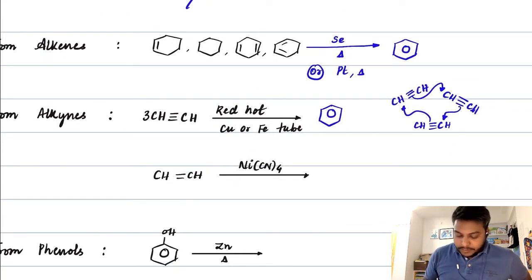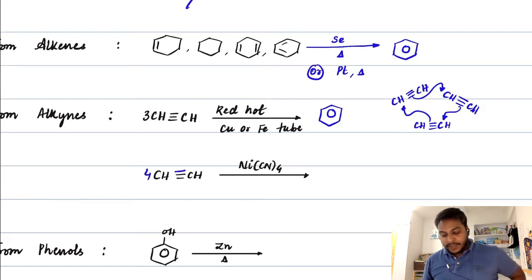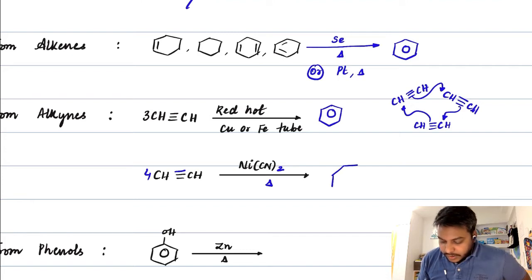Or we can take one more reaction here. If I take 4 moles of acetylene in the presence of nickel dicyanide, Ni(CN)2, and heat it, this will convert into cyclooctatetraene. You would wonder, sir, why we are taking this, as it is not a benzene reaction.